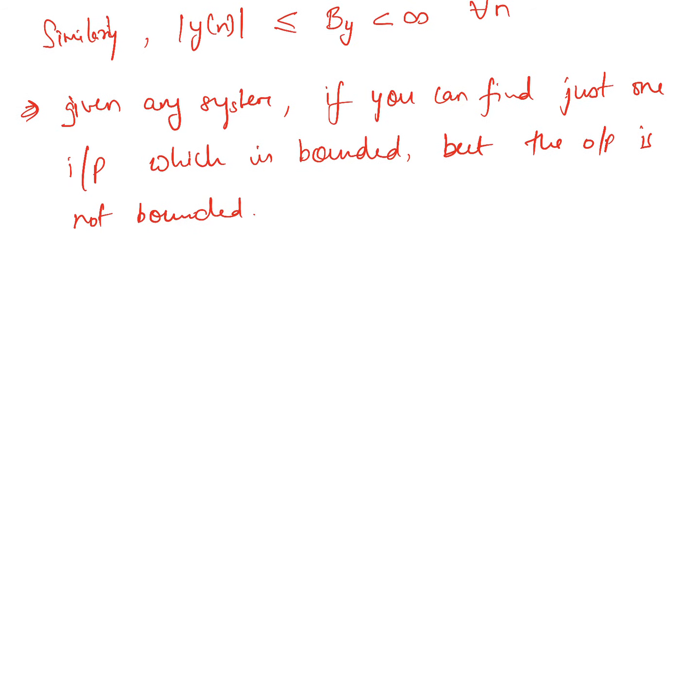Let's consider some examples. The first example, let's say you have y is equal to x squared. Is y equal to x squared a BIBO stable system or not? Try to determine it. The second example is y is equal to log with base 10 of x of n.